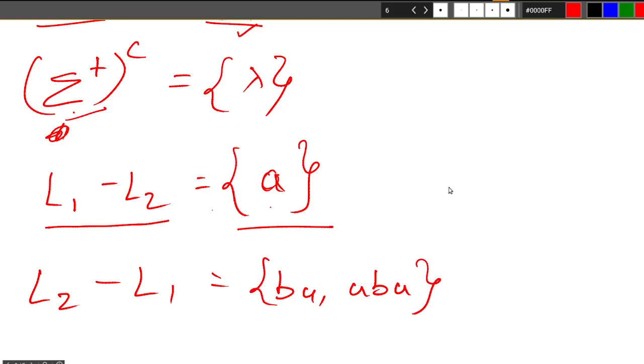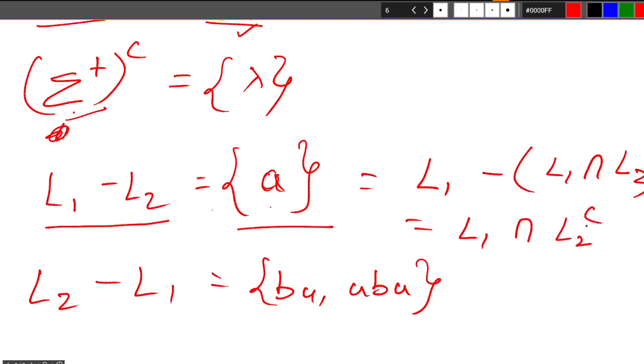Set difference is also represented sometimes as the language itself minus whatever is common between them. You can write it as L1 minus L1 intersection L2, or you can write it as L1 intersection L2 complement.